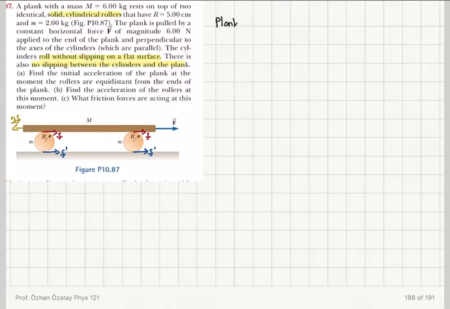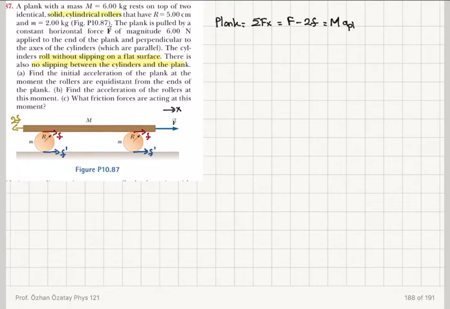Okay, now I want to start solving the problem by looking at what's happening to the plank. For the plank, the net force acting in the positive x direction will be given by the capital F that we're applying minus two friction forces that are appearing at the top points of the cylindrical rollers' interface with the plank.